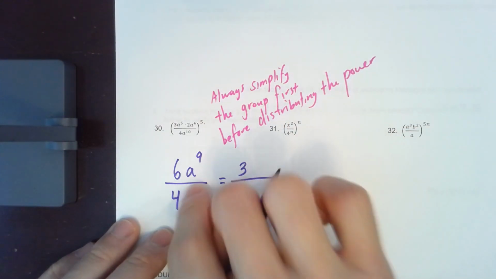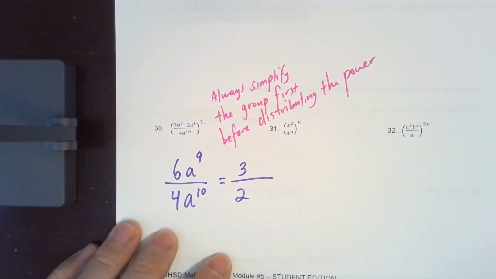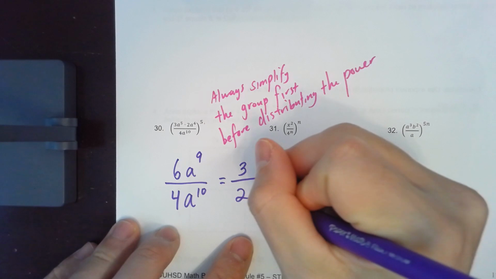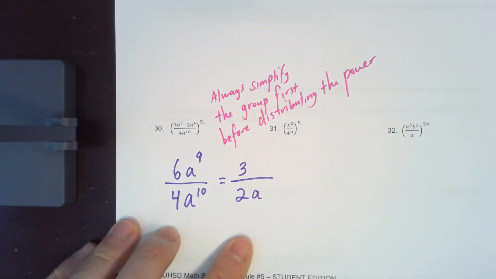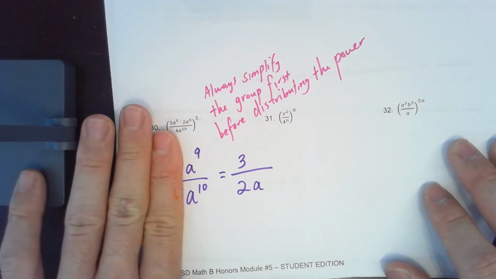Well, if they were to compete and they were to cancel each other out as much as possible, which side would win? Would the numerator win, or would the denominator win? You can see that the denominator has one extra A. And for this reason, there's only one A, and it's left on the bottom. That's how you simplify A to the 9th divided by A to the 10th.